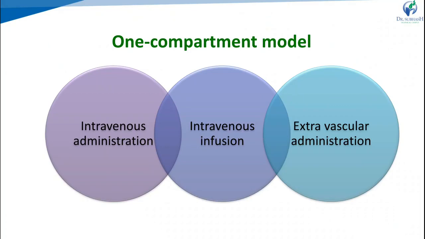The one compartment open model is further classified into the one compartment open model with IV bolus administration, the one compartment open model with IV infusion, and the one compartment open model with extravascular administration.